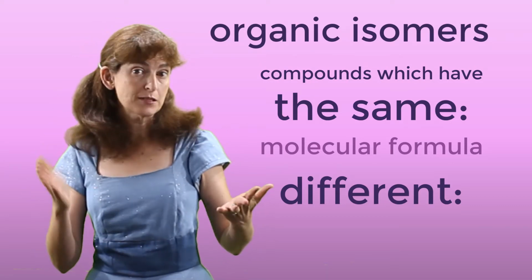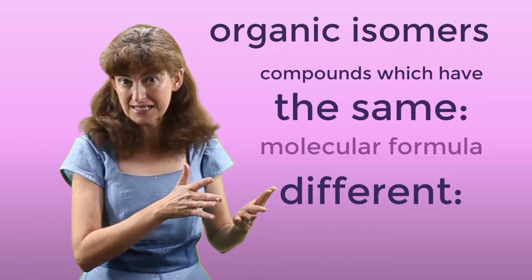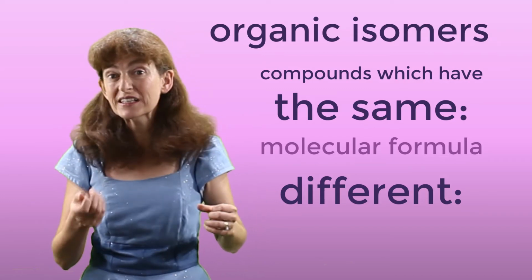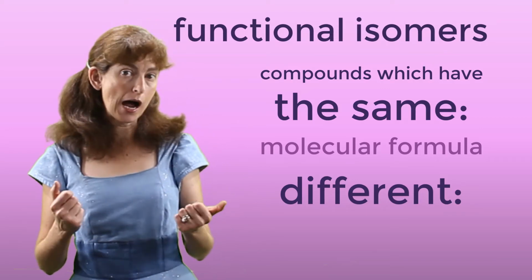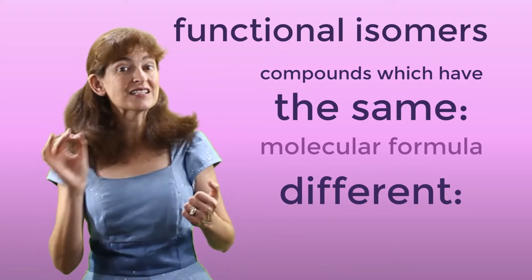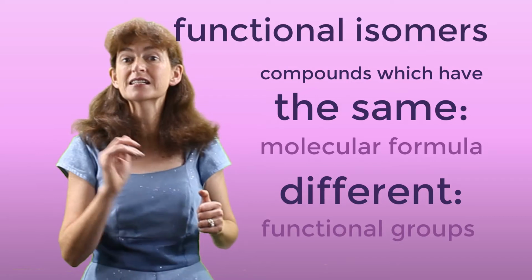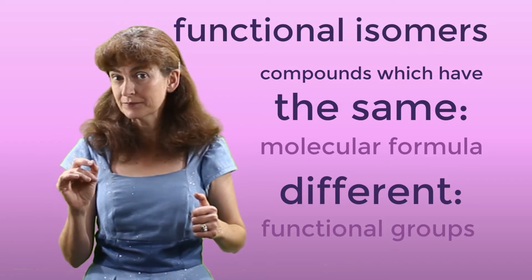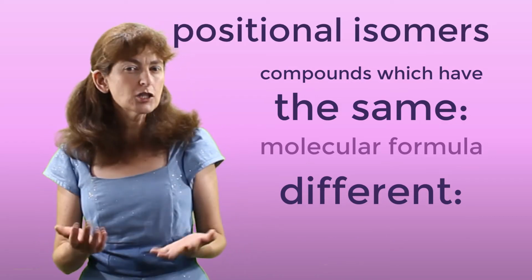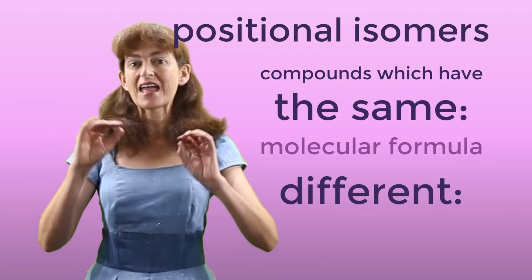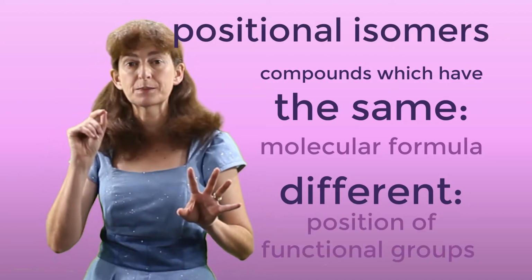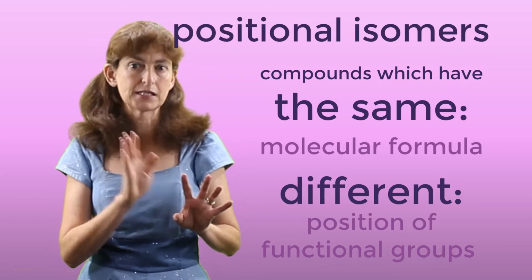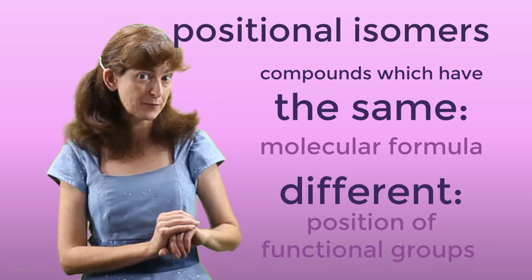What is different between the individual isomers? That depends on what type of isomer it is. If it's a functional isomer, then the individuals have different functional groups. If it's a positional isomer, then they have the same functional group, but where that functional group is positioned is different between the different isomers.